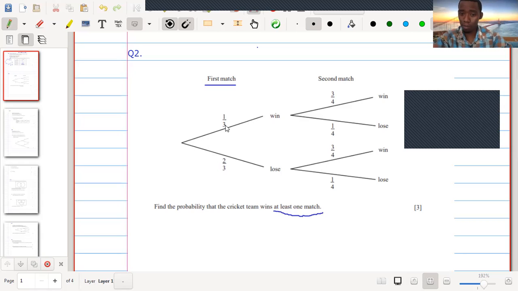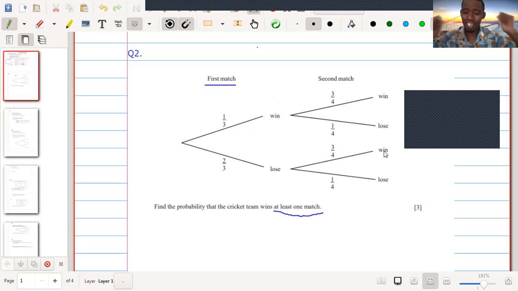And when you go along the branch, you multiply probabilities. But this way is too long. So you can take the probability of win-win plus win-lose plus lose-win. That's what you do.